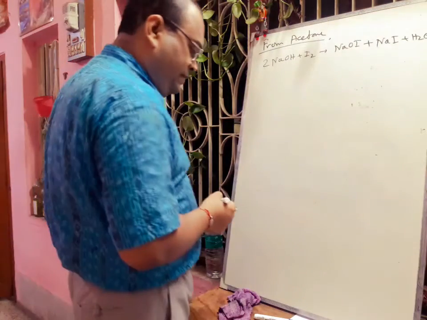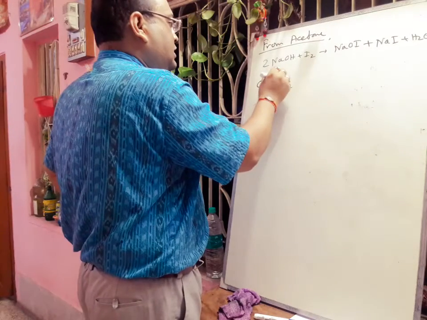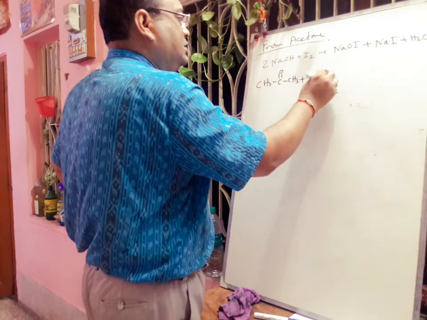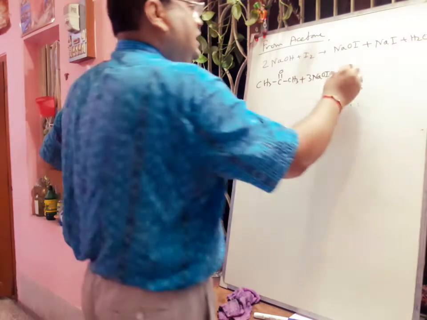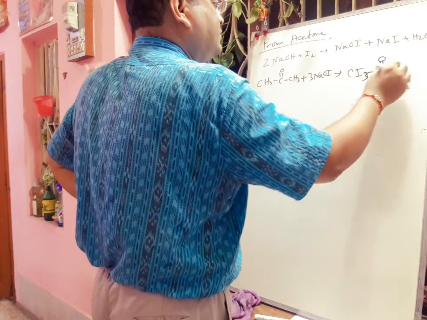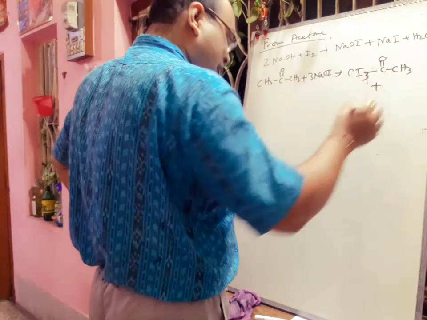In the second step, NaOI will react with acetone, CH3COCH3 plus 3 NaOI, that will form CI3COCH3 plus 3 NaOH.